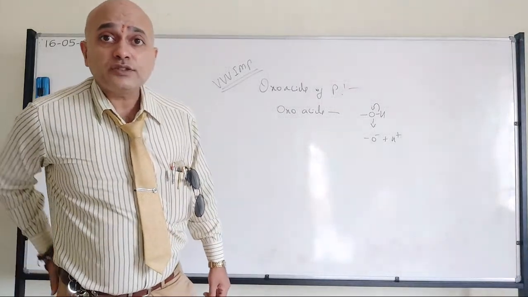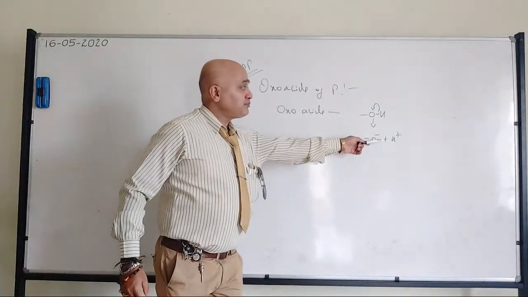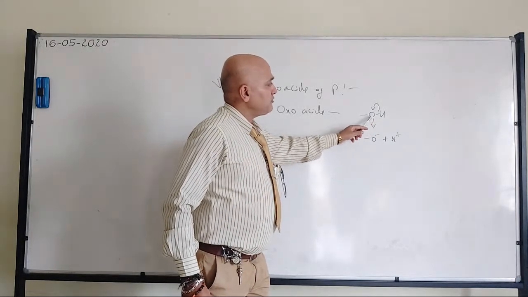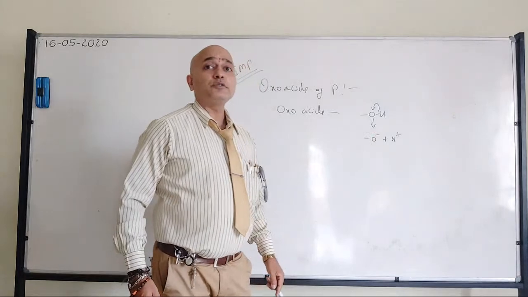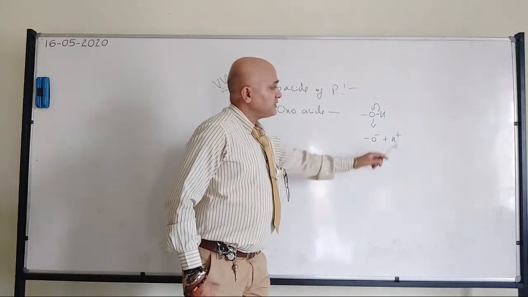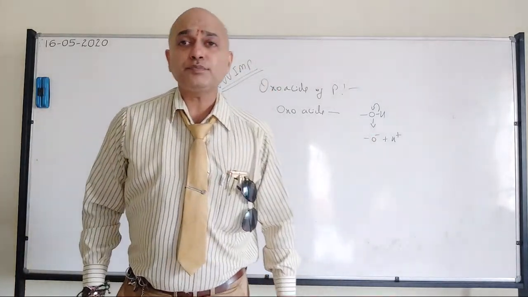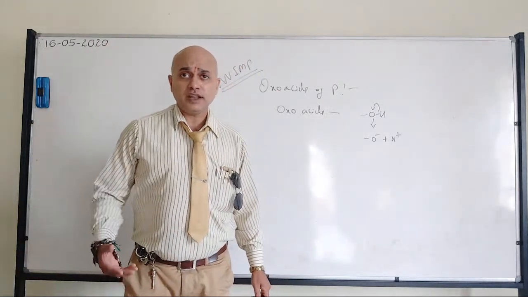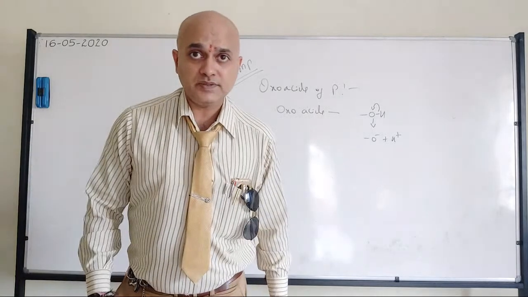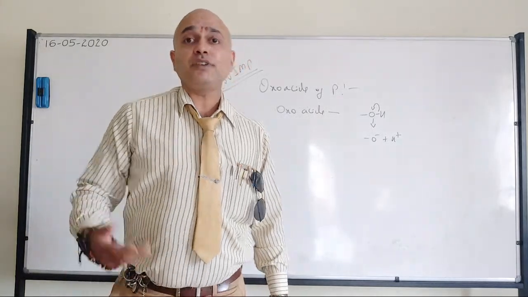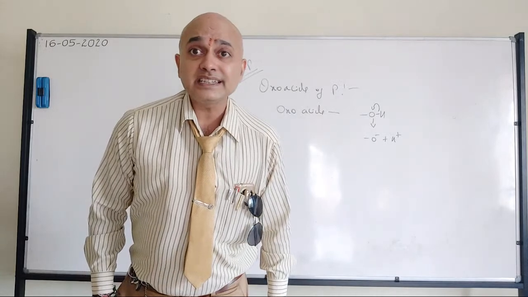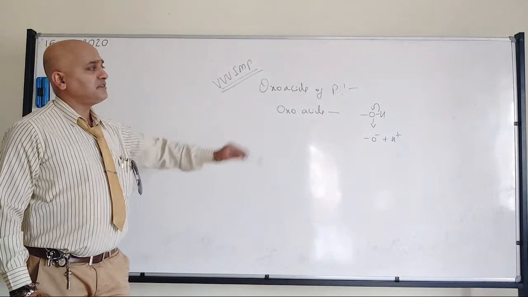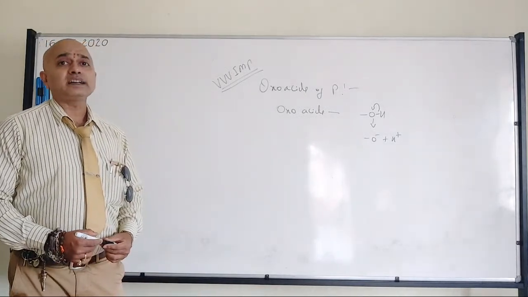Oxo acids are those acids where H plus will be released due to the breaking of the bond present between oxygen and hydrogen. So due to that, there will be liberation of H plus. So these types of acids can be called oxo acids. For example, sulfuric acid is an oxo acid of sulfur, but HCl is not an oxo acid. Fine. So am I clear, that's where we have the oxo acids.